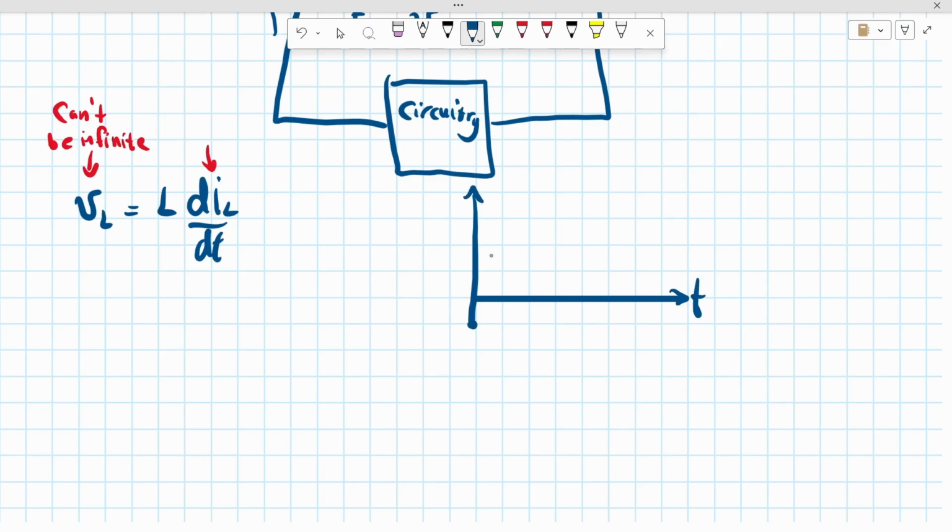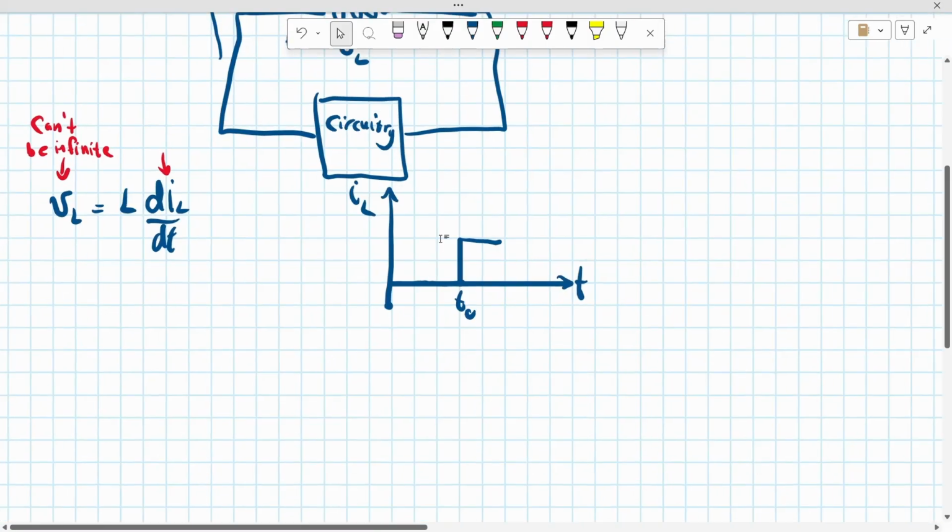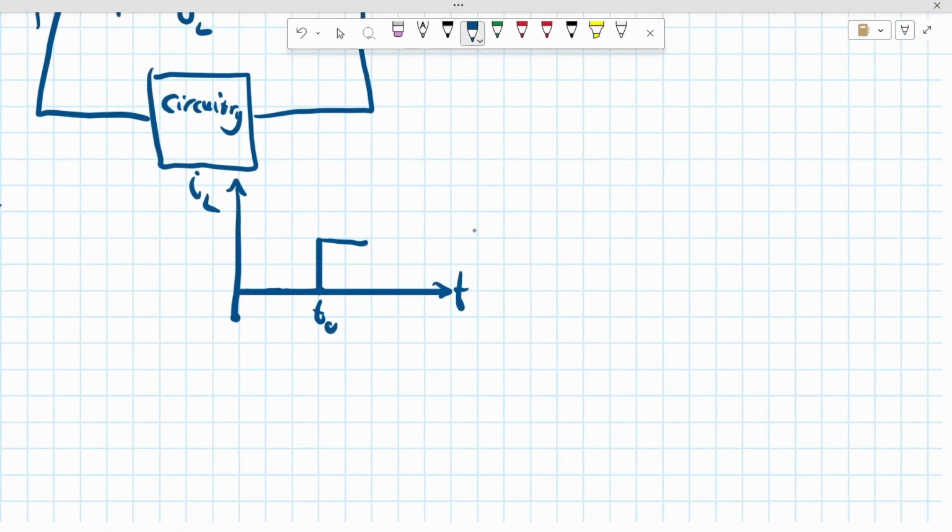Inductor current cannot be 0, 0, 0, and suddenly at a certain time become another value, like this. This cannot happen. Why? Because this would mean that the voltage producing this current has to be like this.